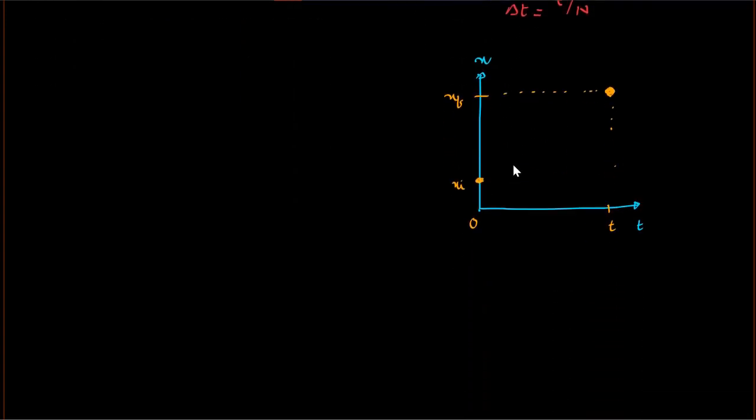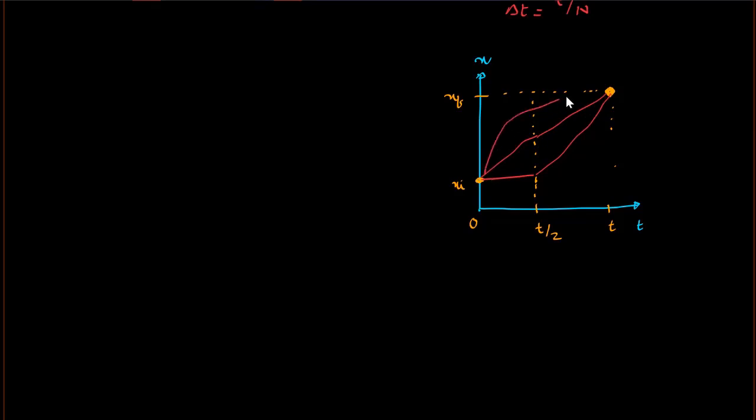Okay, if we split this time into two parts, then I can just draw like this, and from this position to this position there are an infinite number of possible paths, like this. The particle can go like this, like this, like this.